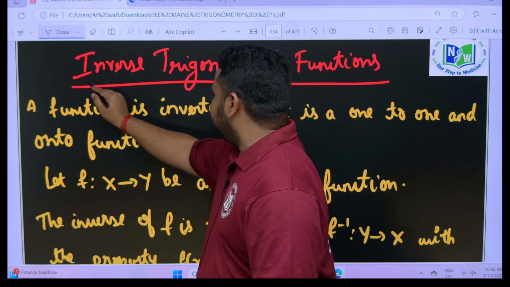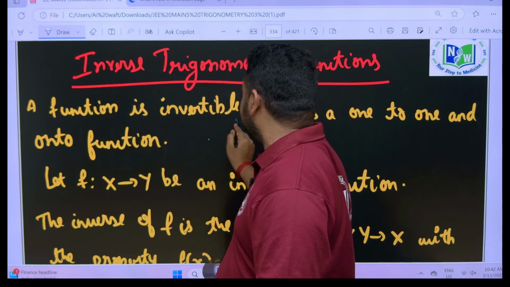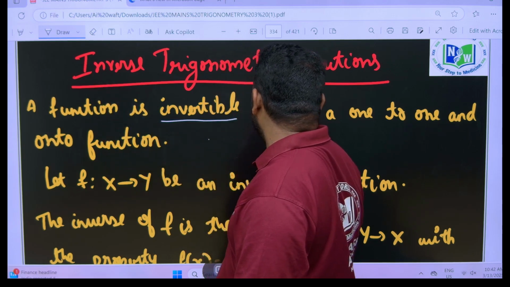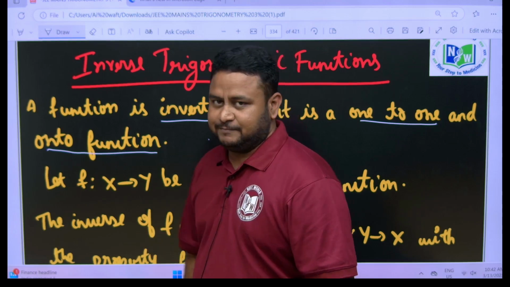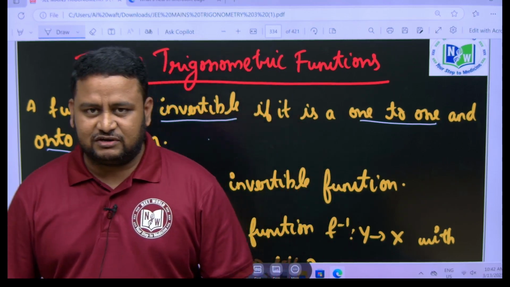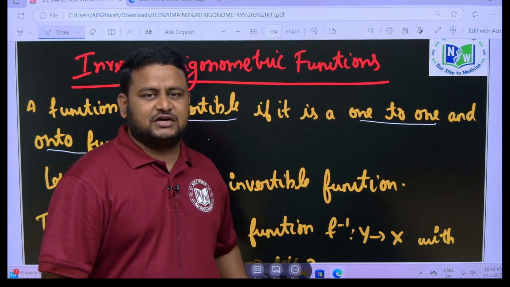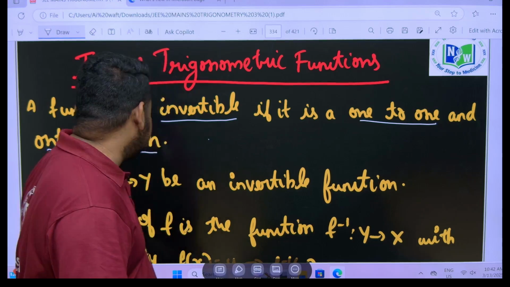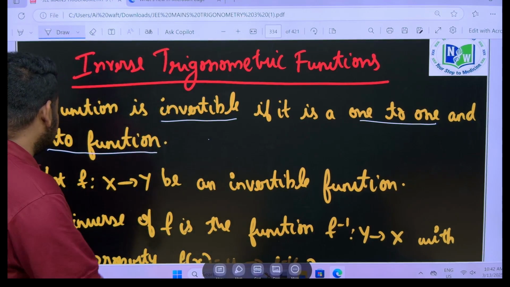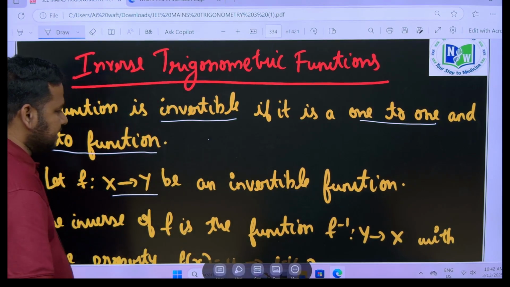A function is invertible if it is 1-1 and onto, that is, it should be a bijective function. Like that, let us consider a function f from X to Y to be an invertible function.